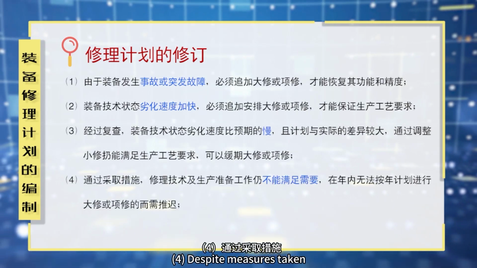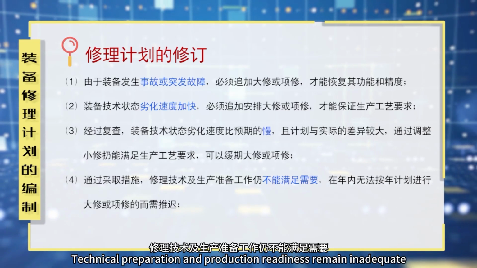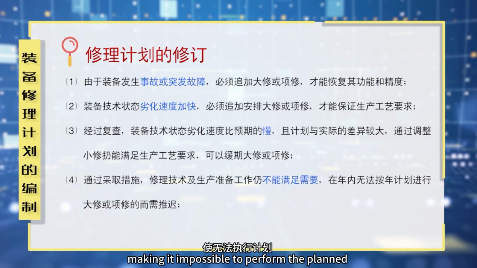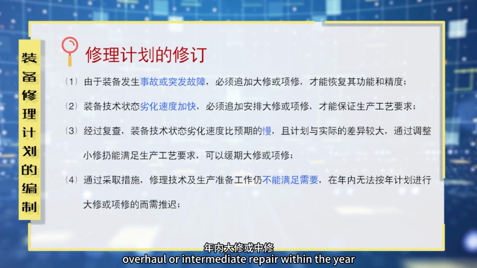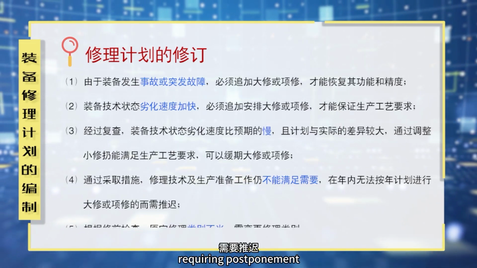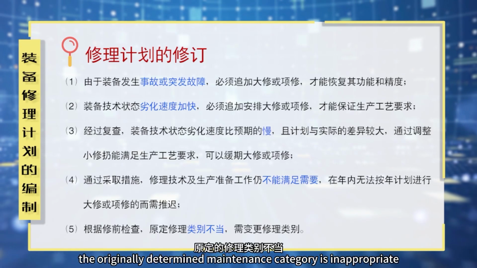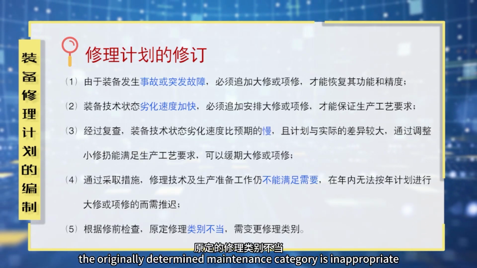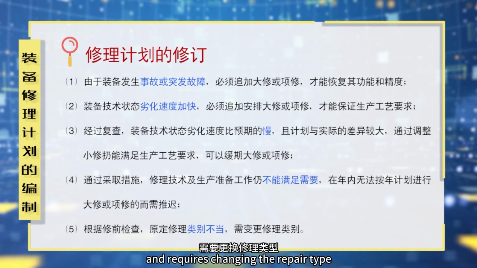Fourth, despite measures taken, technical preparation and production readiness remain inadequate, making it impossible to perform the planned overhaul or intermediate repair within the year, requiring postponement. Fifth, based on pre-repair inspection, the originally determined maintenance category is inappropriate and requires changing the repair type.